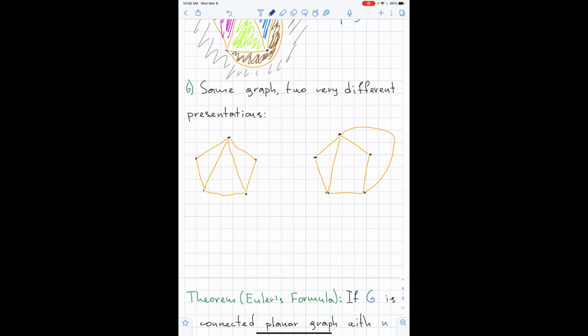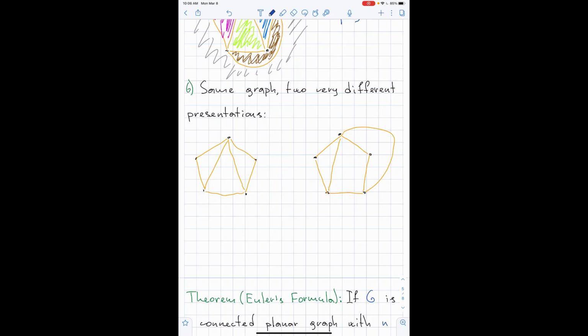But the point is that I can draw them in a very different way. So I can draw it as a triangulation of this 5-gon, drawing both diagonals inside, or I can draw one of the diagonals inside and make one of them go around.